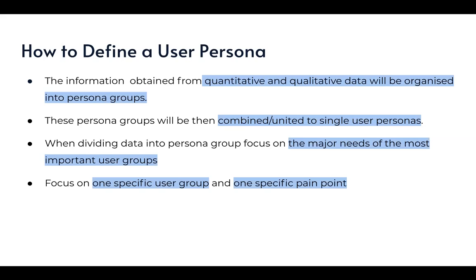What you need to really keep in mind is that when you're dividing the data into groups, you need to focus on the major needs of the most important user groups, because at the end of the day, you can't really please everyone. And also it is essential to focus on one specific user group and one specific pain point, because it is easier to focus on one thing and to do it well.